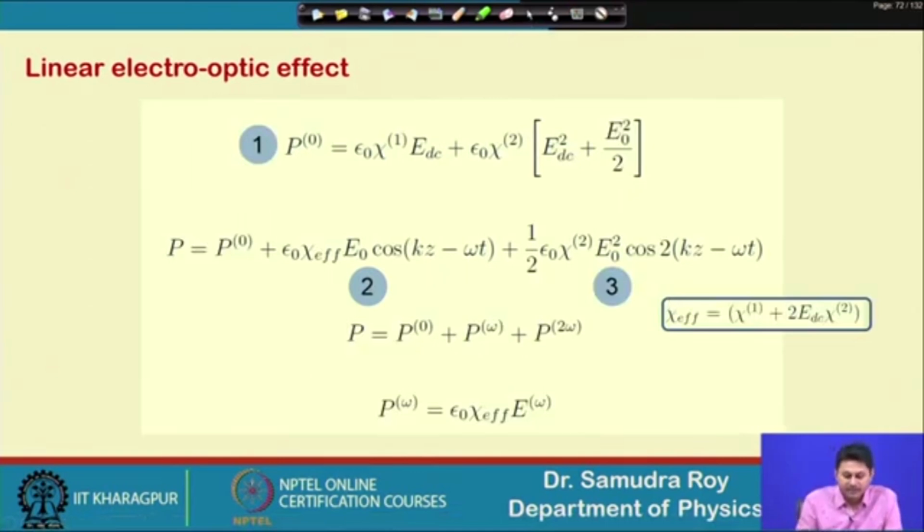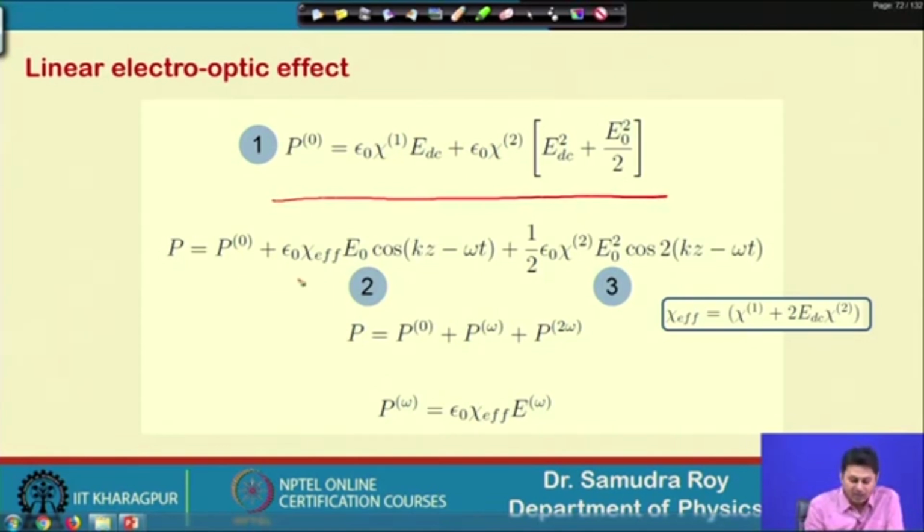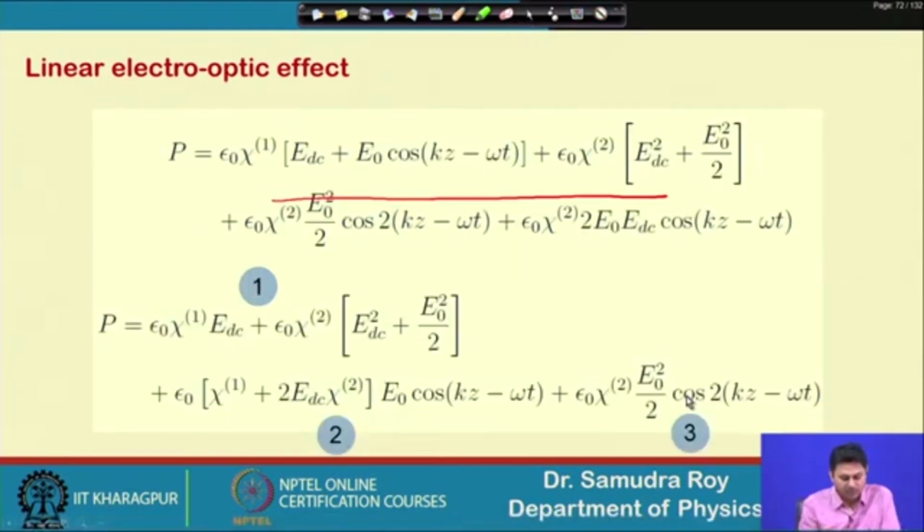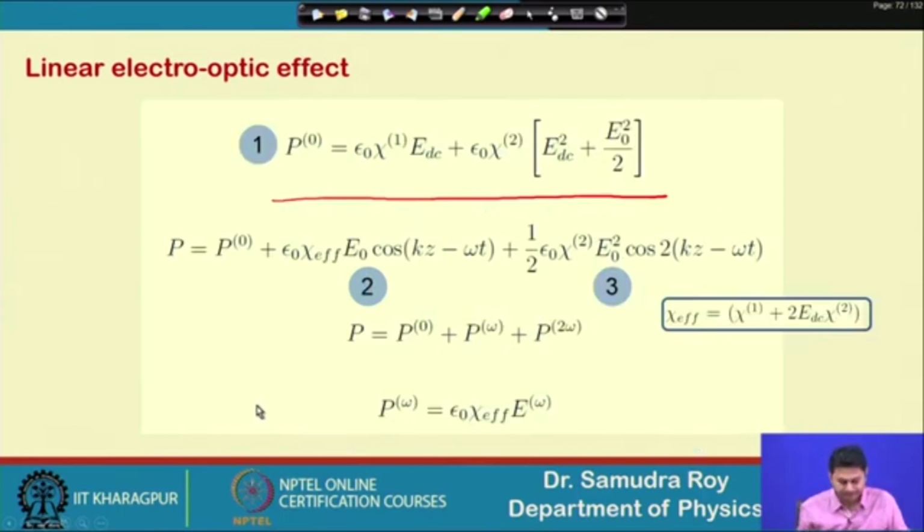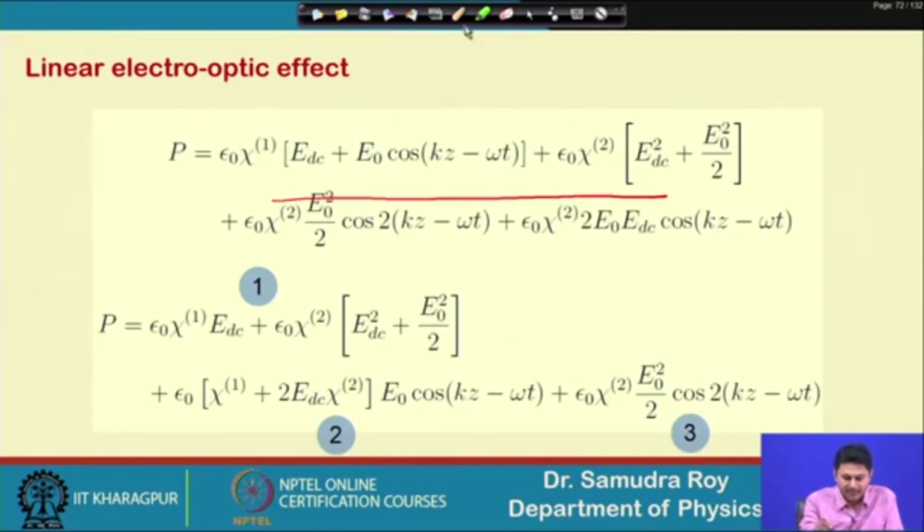After having all these 3 terms, now we can understand that my coefficient is changed. As I mentioned in the previous case, my P0 term, the rectification term, is now modified. And if I go back to the previous slide, in the second term, I have a coefficient here.